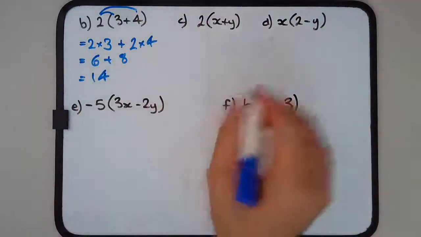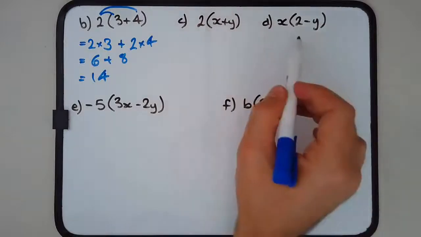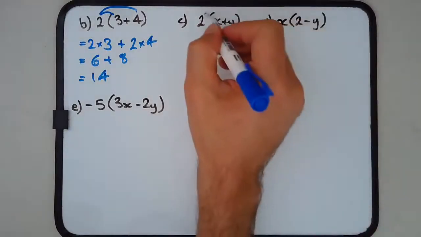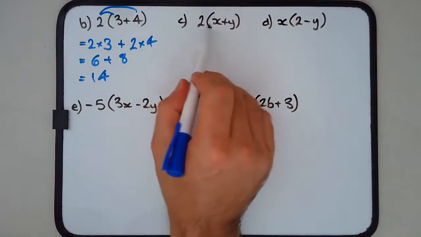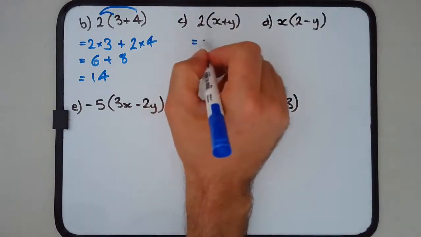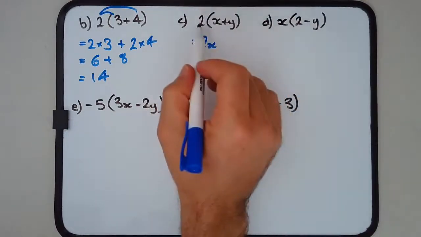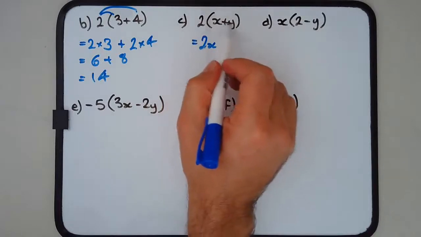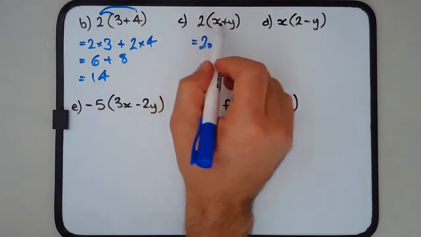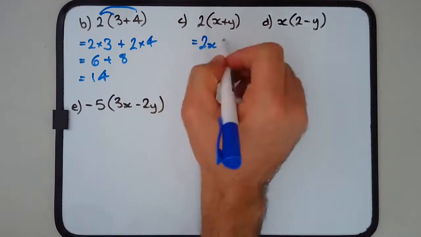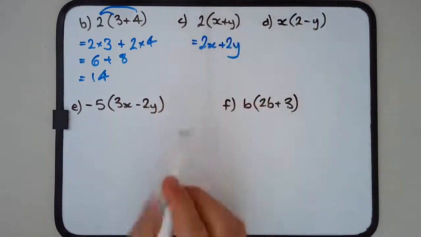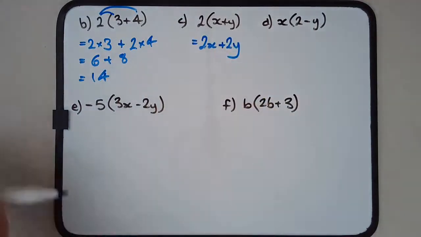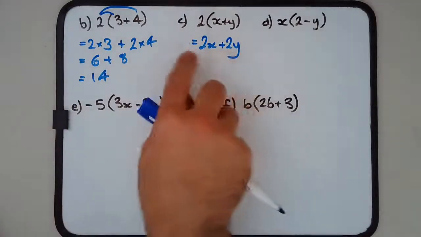Now all the others do involve some algebraic term or some pronumeral, but we expand them exactly the same way. So the 2 is going to multiply the x, and the 2 is going to also multiply the positive y, the plus y. So 2 times positive y, or plus y, is just plus 2y. So can you see, if you think back to the counters again, the 2 is the same symbol.